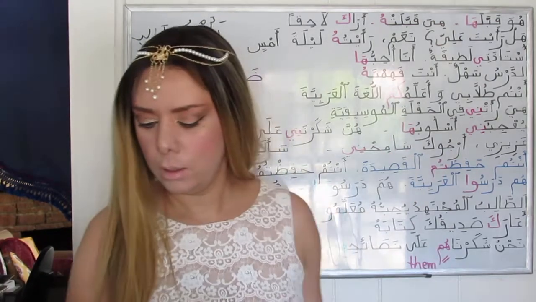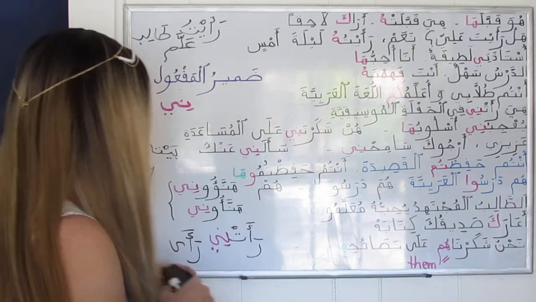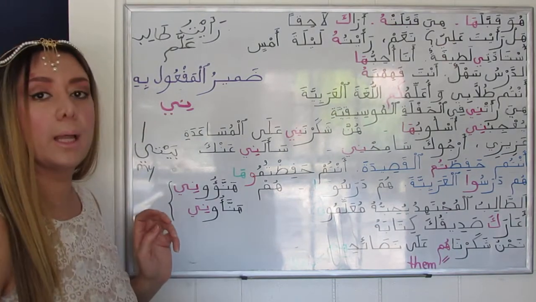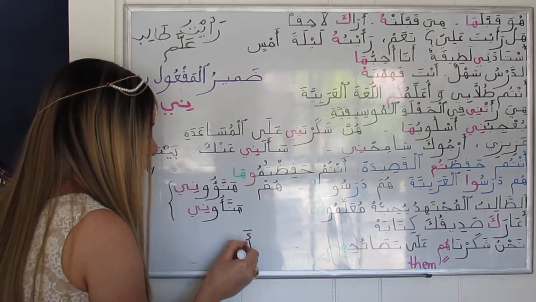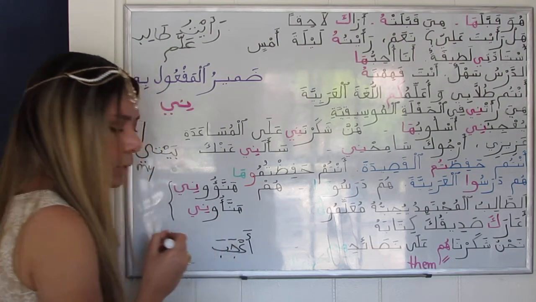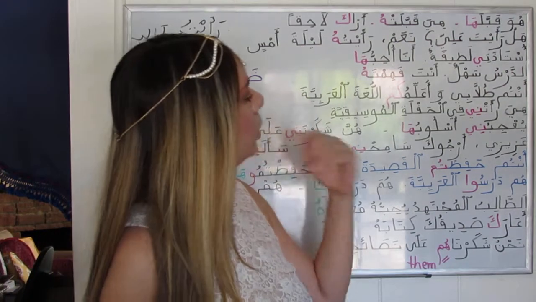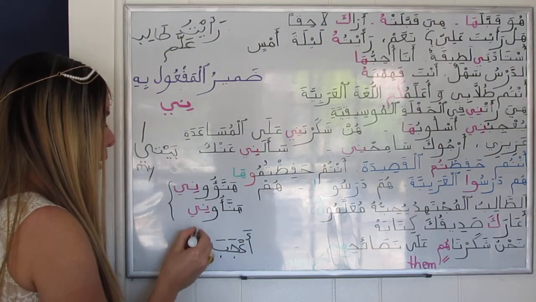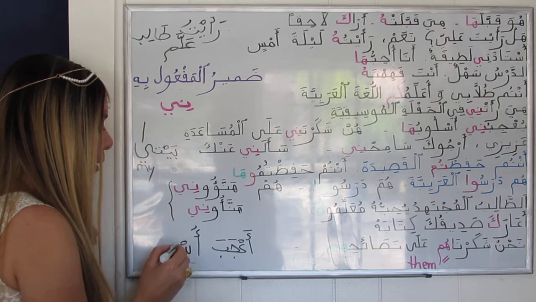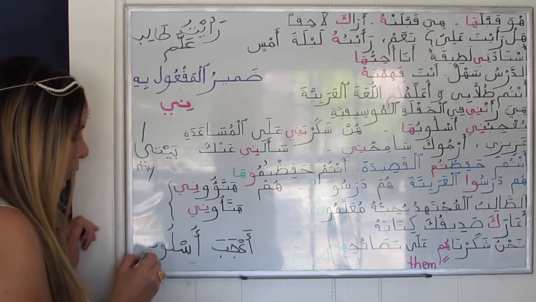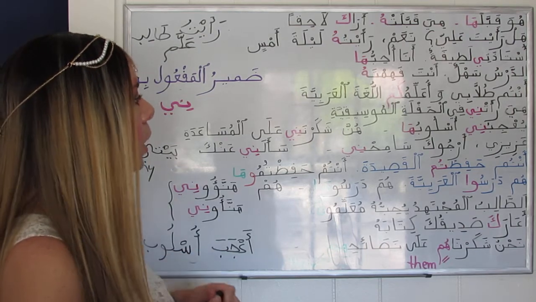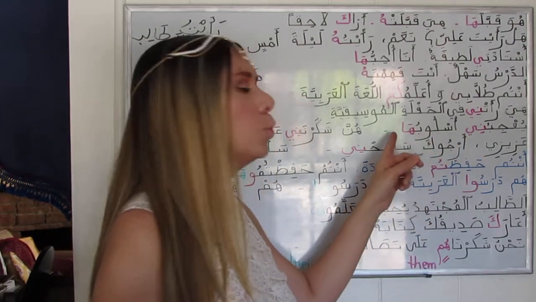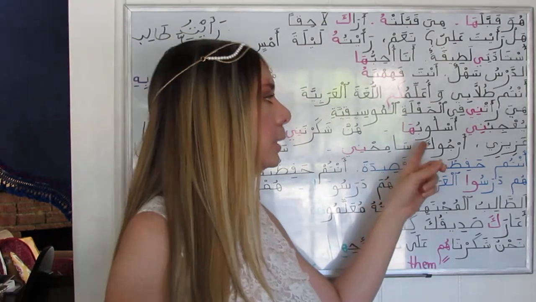يعجبني أسلوبها. It's from the verb أعجب, form 4, to like. يعجبني أسلوبها. أسلوب means style. This is a masculine noun. I like her style. It is conjugated in the present tense, third person singular.